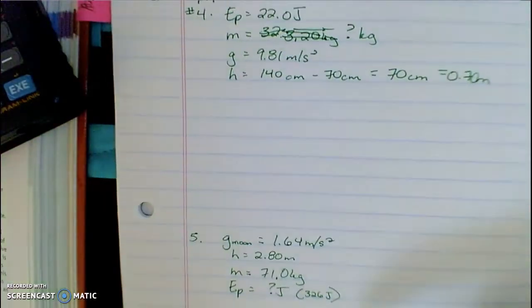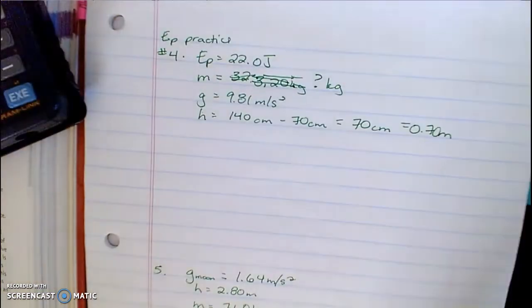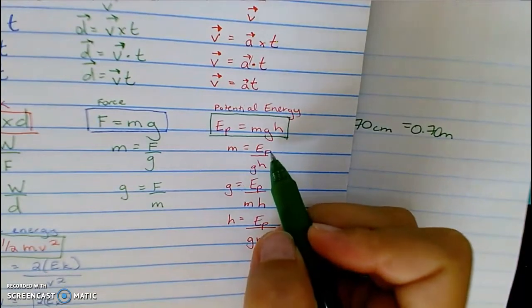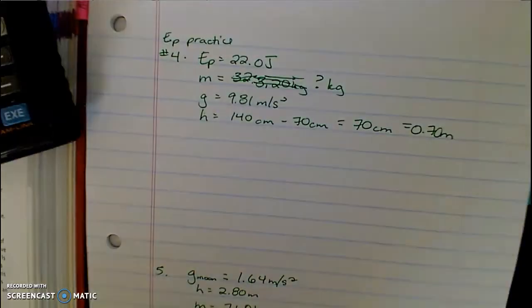Next one, let's see if we can get 3.2 as an answer for our mass. Okay, so in this case, we need to find mass. So we're going to use this formula, EP divided by gh.